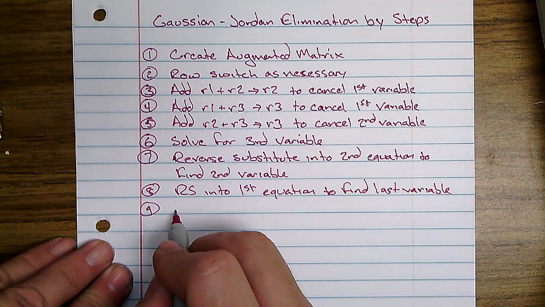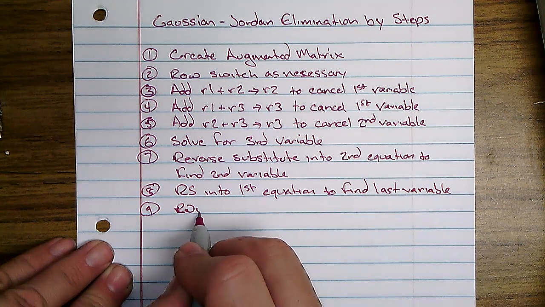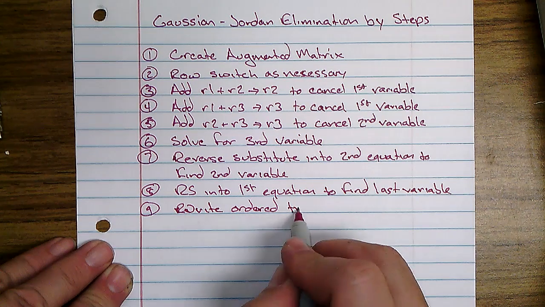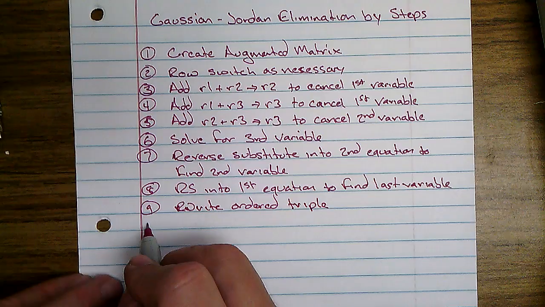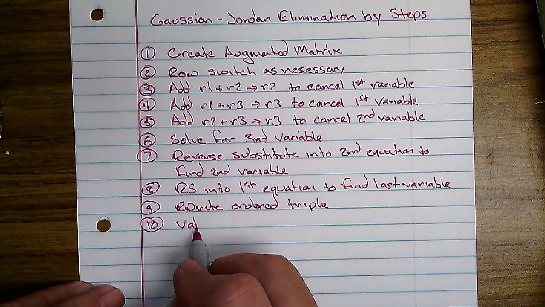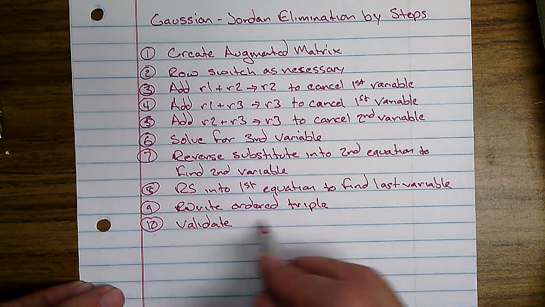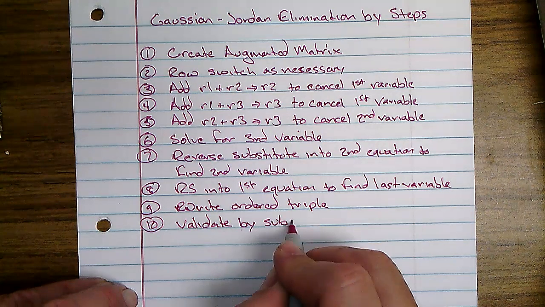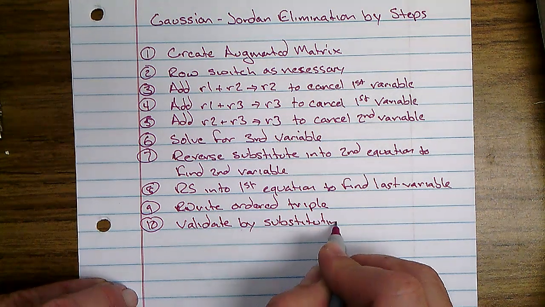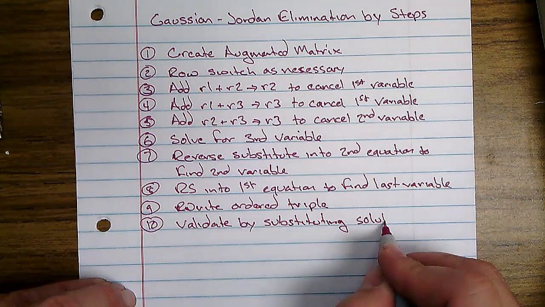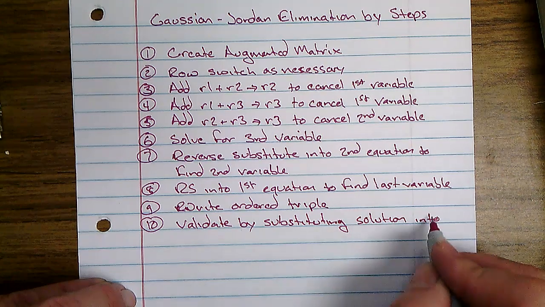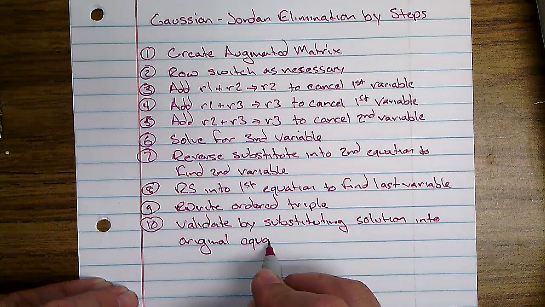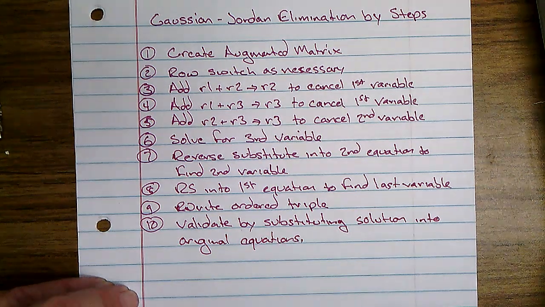Then we can write our ordered triple. And then we can validate by substituting the values into the original equations. And that's it.